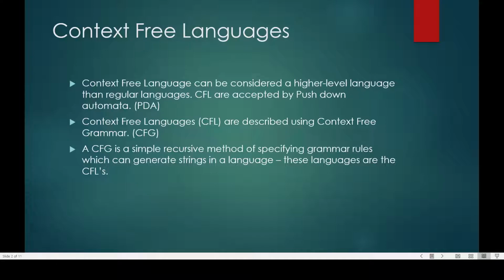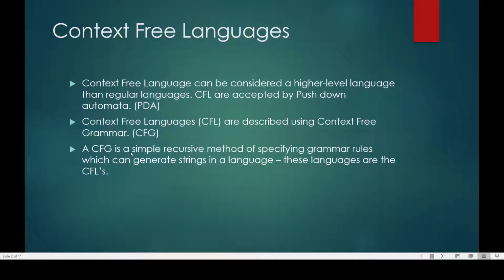As we know that regular languages were accepted by finite automata, context-free languages are accepted by push-down automata. And we know that every language has a grammar. So as the regular language had regular grammar, here context-free languages are described using the context-free grammar, which is the generator of this language.